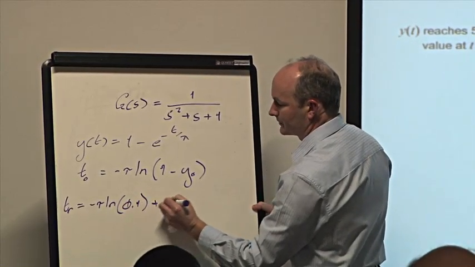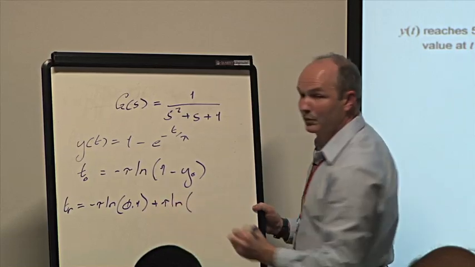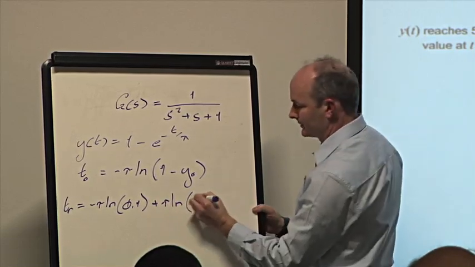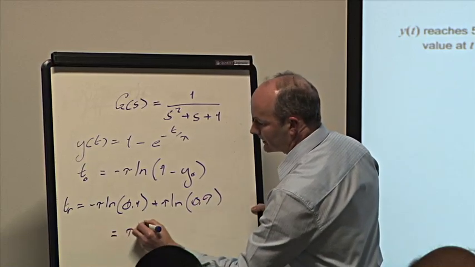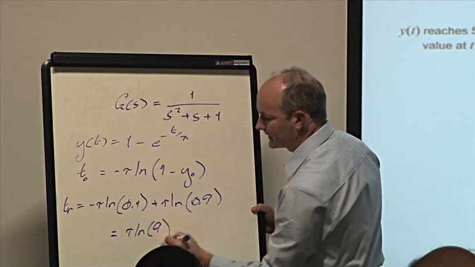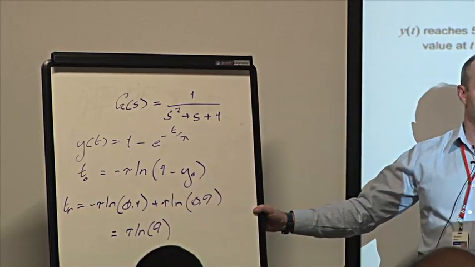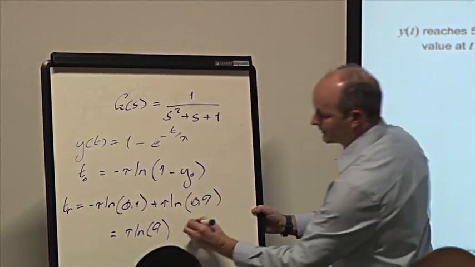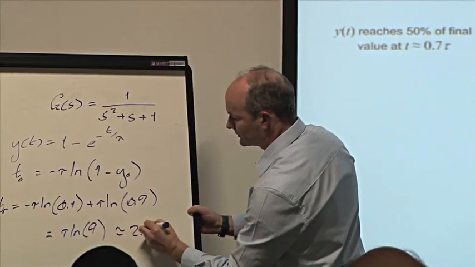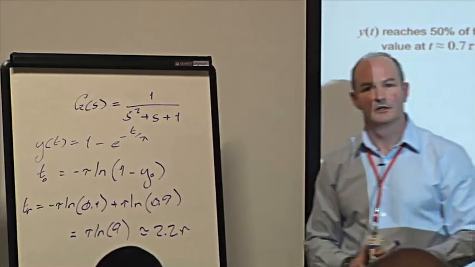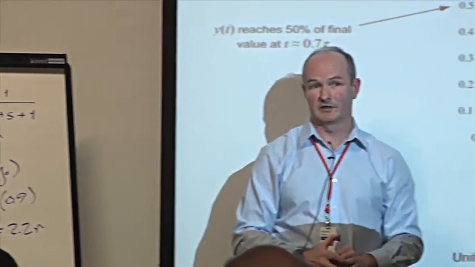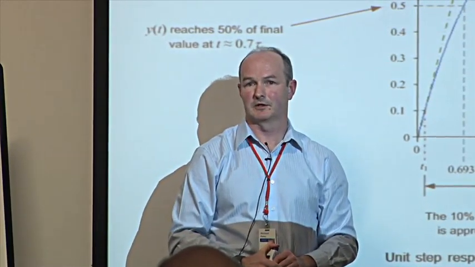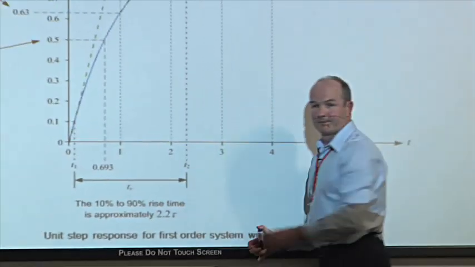Now we've got a plus tau times the natural log of 1 minus 0.1, that's 0.9, which equals what? Well, that's tau times the natural log of 9, because we're taking a difference of two natural logarithms. That's a quotient, which is also always going to be equal to 2.2 time constants. The rise time of any first-order system is always approximately, very close, to 2.2 time constants. 2.198 actually. That's always true, never different.